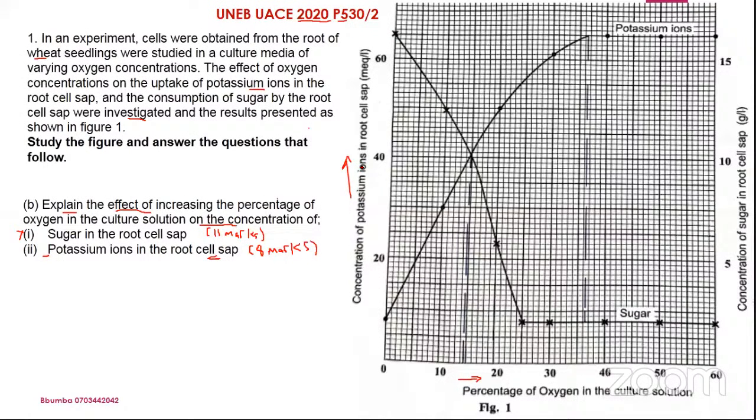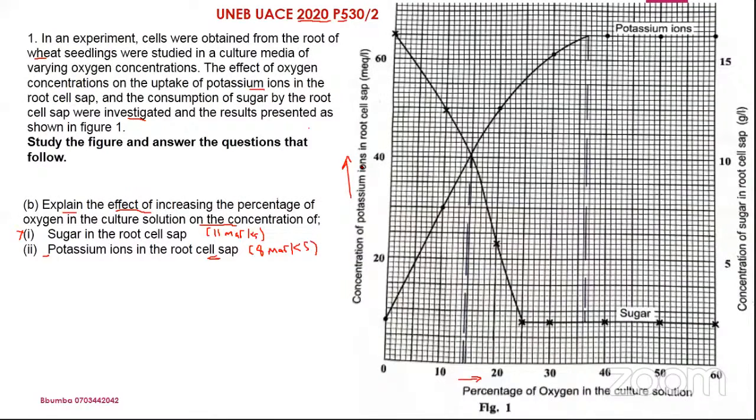Okay. Yes. From 0% of oxygen in the culture solution to 36% of oxygen in the culture solution, the concentration of potassium ions in the cell sap increased rapidly, reaching its maximum.